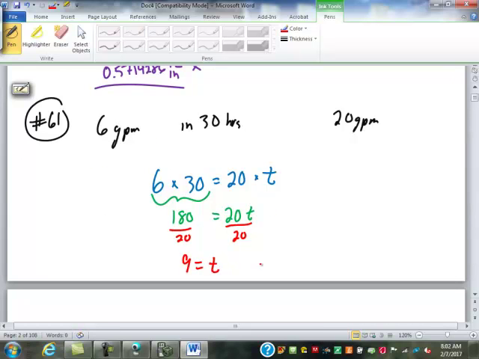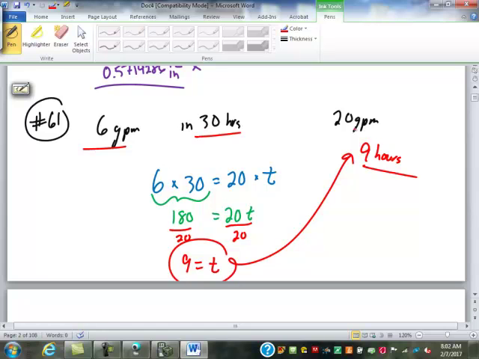Time is 9 hours. So it'll only take 9 hours for the 20 gallon per minute pump to fill that tank. Which makes sense. Bigger pump should be less time, right? We've more than tripled the pump. We should more than cut the time to a third.